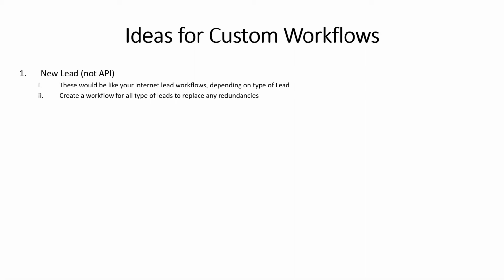If your company provides internet leads to you, I would create a custom workflow that's pretty similar to an internet lead workflow through API. So create a workflow for all types of leads to rid any redundant processes.